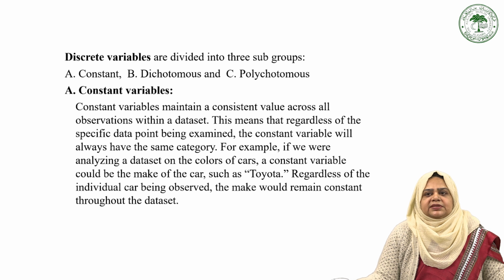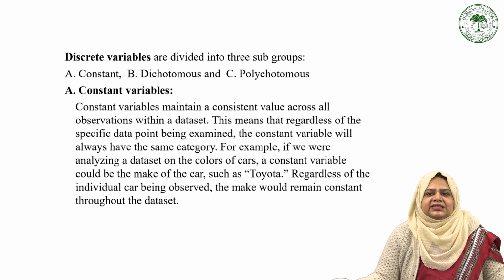Categorical variables play a significant role in data analysis, and they can be classified into three distinct types: constant, dichotomous, and polychotomous. These three are the divisions of the discrete variables. Constant variables are those variables that remain the same throughout the dataset, providing a fixed value for each observation.